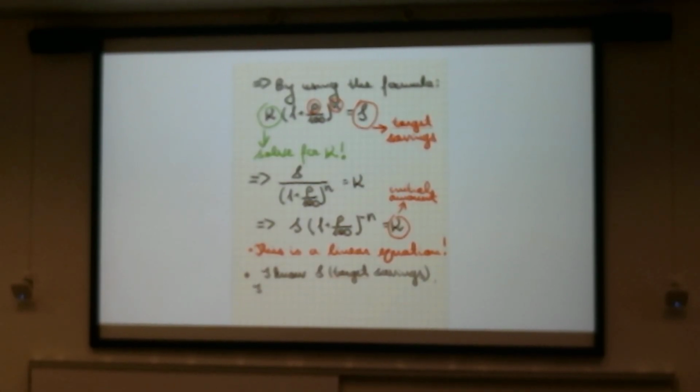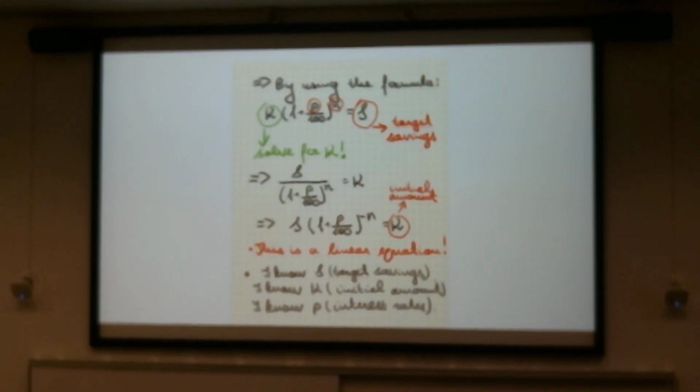Let's say I know K, the initial capital, the initial amount. And let's say I know P, the interest rate. So now, given that I know these three parameters, how do I figure out N? That's an important question.